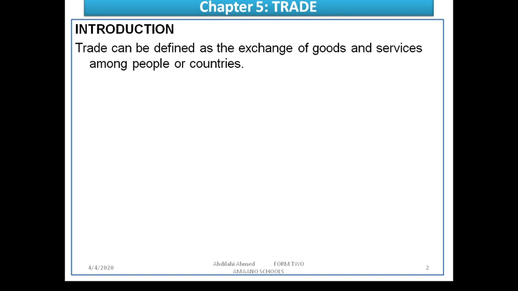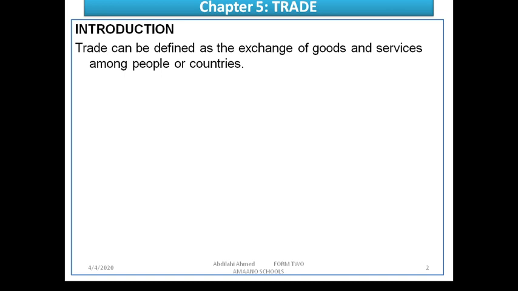So if you are asked what is trade, trade is the exchange of goods and services among people or countries. We should be able to know the exact definition. So trade is generally about the exchange of goods and services among people or countries. When people buy or sell goods and services among themselves or among countries.